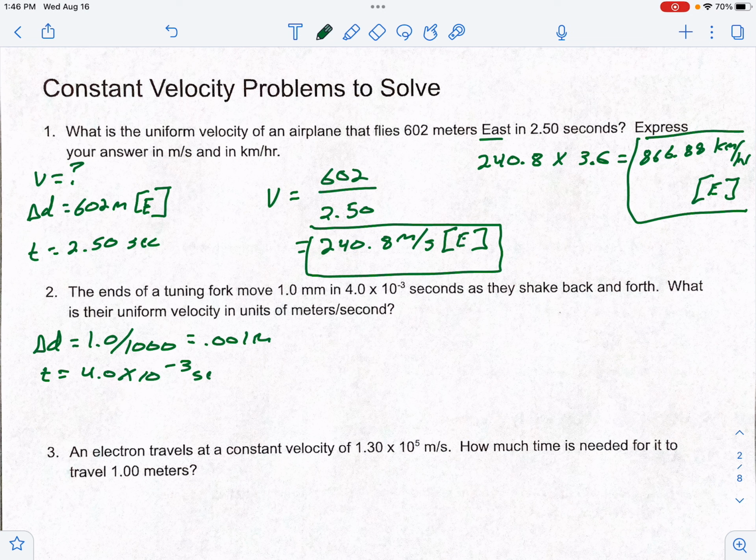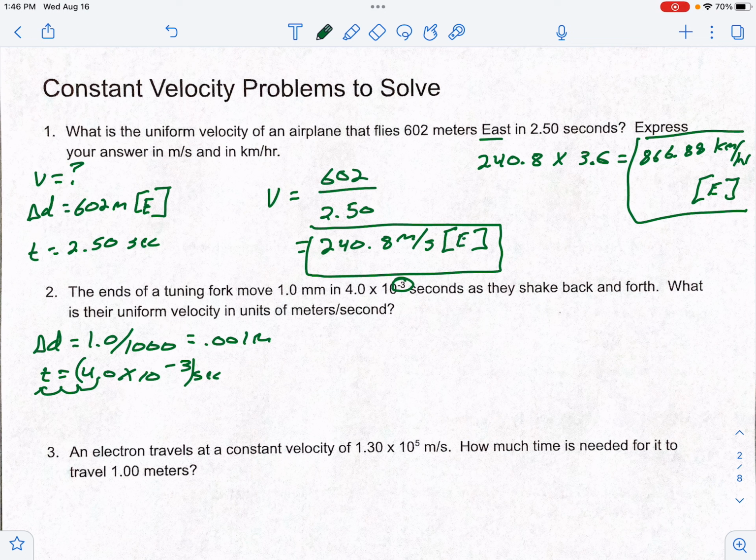Now you can keep it like that if you want to. If you do, I highly recommend that whenever you put it in the calculator, just put that whole thing in parentheses. That way your calculator doesn't mess up its order of operations. Or you can convert it back to a standard number. The key there is look at your exponent. A negative 3 means that's a small number. So if you want this to become a small number, my decimal has to move to the left 3 times. 1, 2, 3.